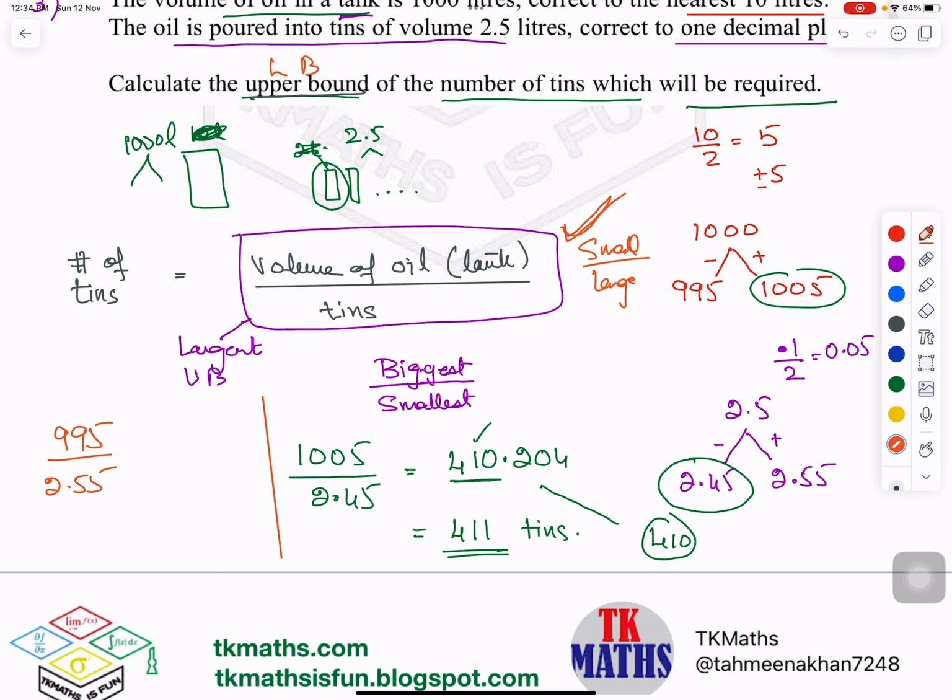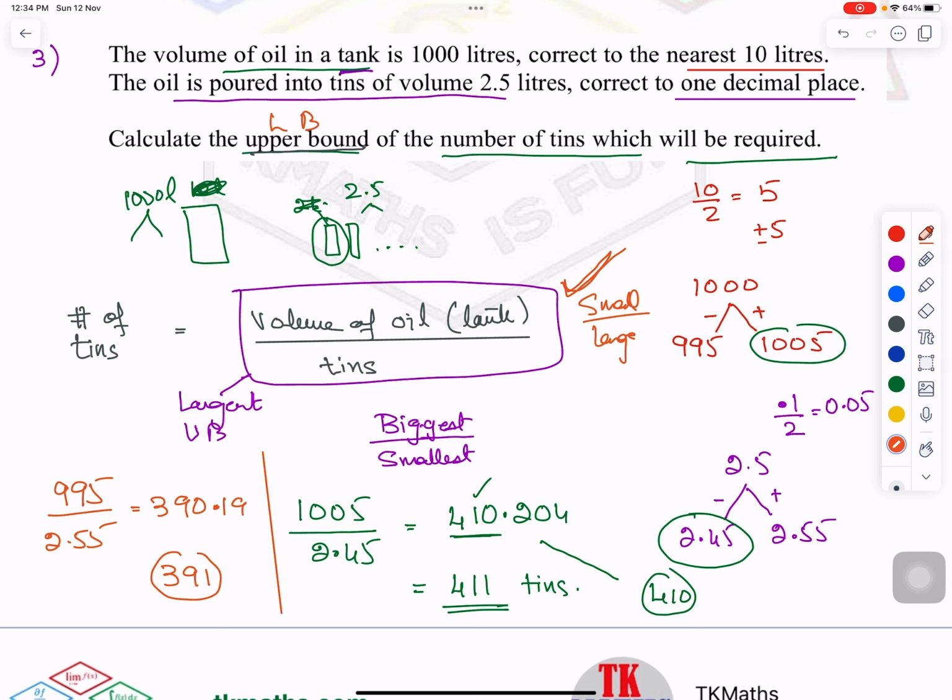So if I divide here, the answer would be 390.19, which means again 391 tins I would have required. So you will read the questions of division, like this case of division for upper and lower bound, very carefully, what quantity should be numerator and denominator. So I hope it will make the concept clear.